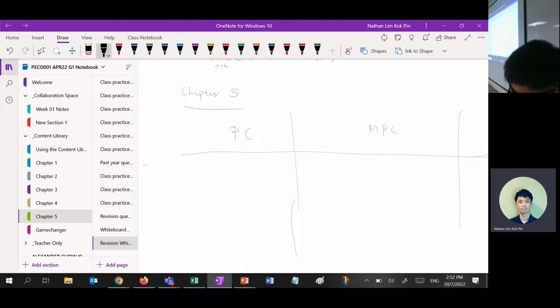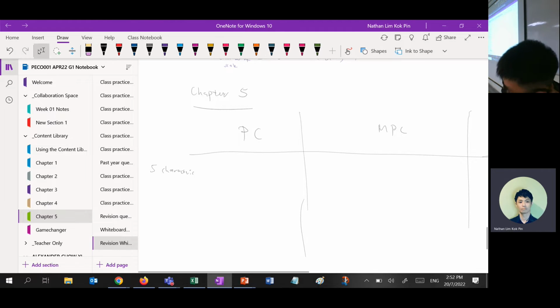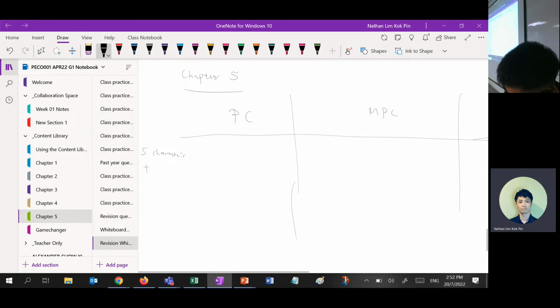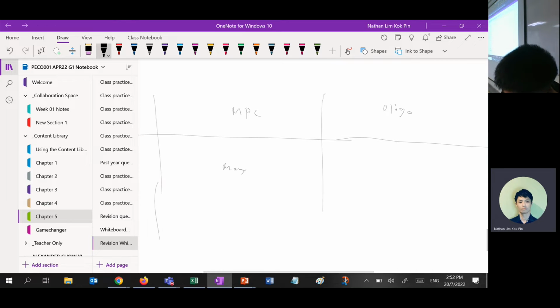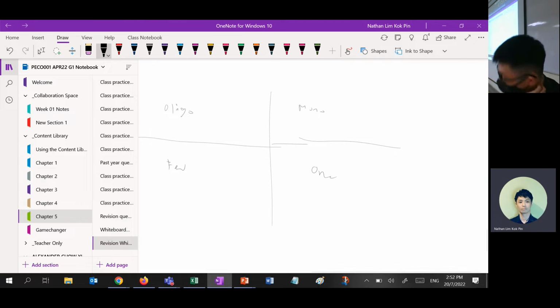How come you cannot do well? 5 characteristics. See properly, right? First one is what? Number of firms. Very many. Many. Few. One.